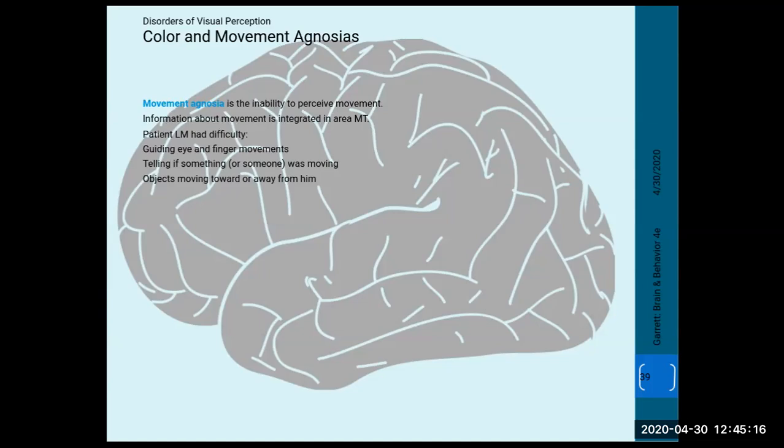So LM had difficulty with that guiding eye and finger movement because it would just look like he blinked and it was in a different spot. So it's really hard for people with movement agnosia to see if somebody or something is actually in motion. It's also hard for them with depth perception to tell if objects are moving toward them or away from them, because it's really hard to tell with damage to that specific area of the brain. And again, we call that movement agnosia.